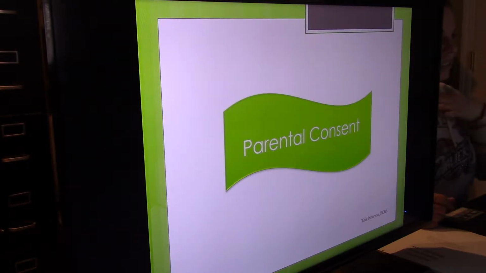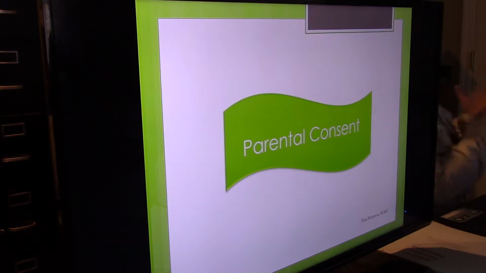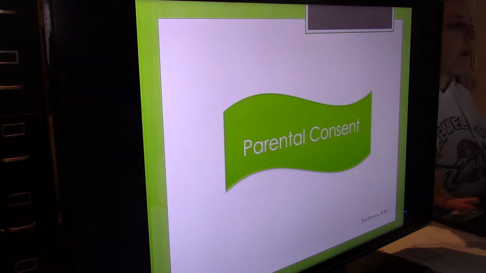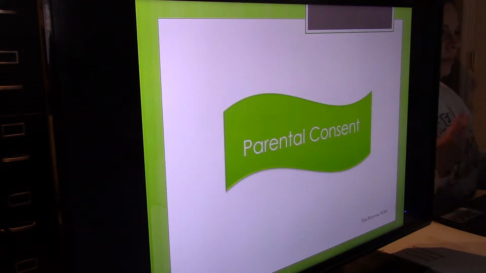Our timeout doesn't necessarily mean that. We're not using the word timeout. I don't use that word. We use ignore. It's the same thing. My mom didn't send me to my room or hit me. She ignored me. It was the same consequence as being sent to your room, except I got to play. If you go into timeout in your room, you pretty much get to play. So the function of the behavior was attention. If we ignore the child, you're getting a better result because they are not getting your attention.